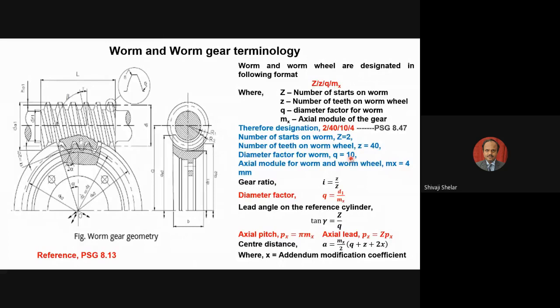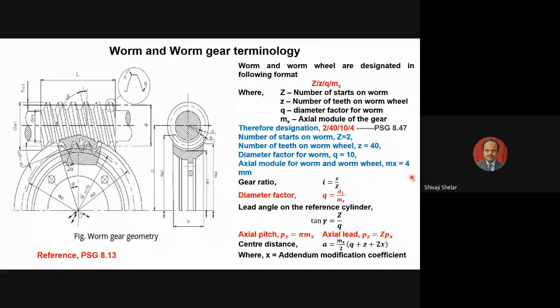So from this Q value and MX value, you can determine the D1 diameter here. What is the D1 diameter? So 10 into 4. So the diameter of this worm will be 40 mm. Then the pitch circle diameter of your worm gear will be 40 into 4, that is 160 mm.